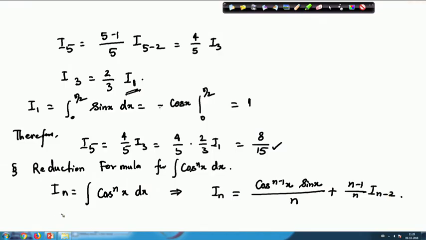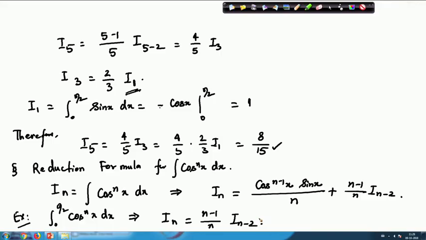And if we have, for example, the integral from 0 to pi by 2 of cos n x dx, like we saw in the sine n x dx, then from here our In would be just n minus 1 by n times I n minus 2. So it is pretty much the same as the formula we looked for in sine to the power n x dx.